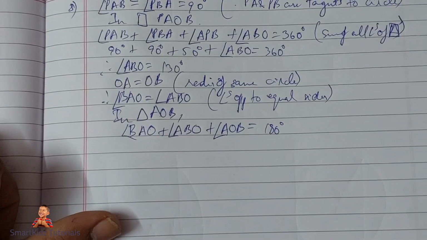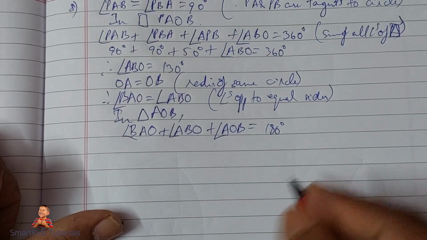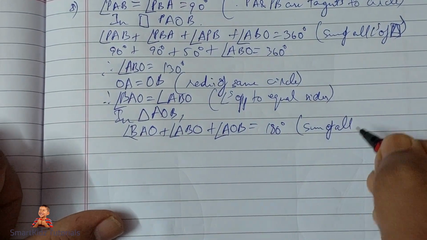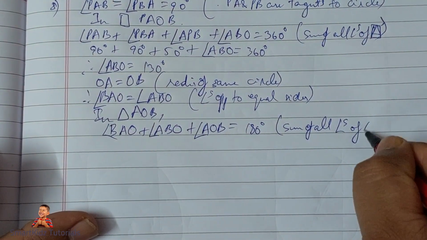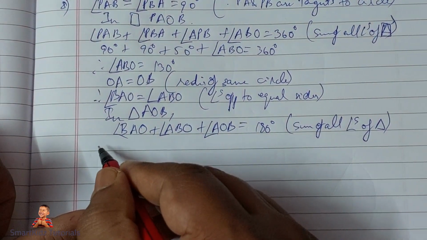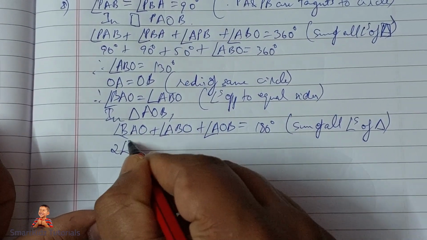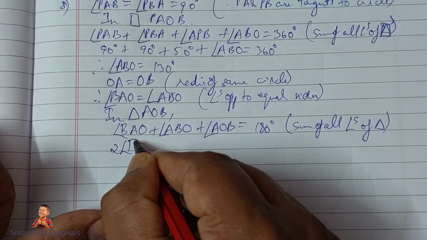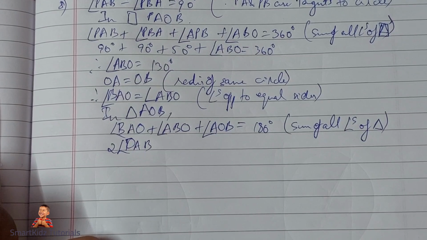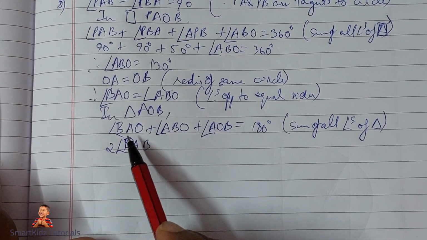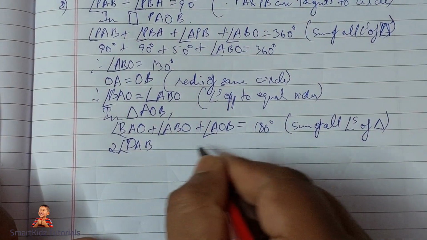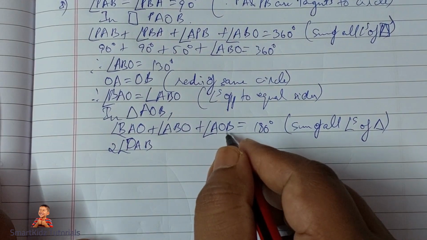And this is the sum of all angles of a triangle. So 2 times angle OAB, why 2 times angle OAB? Because BAO is equal to ABO, so it's taken as the same, plus angle AOB.